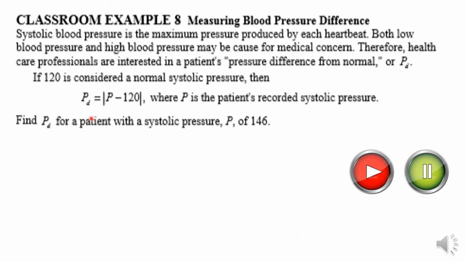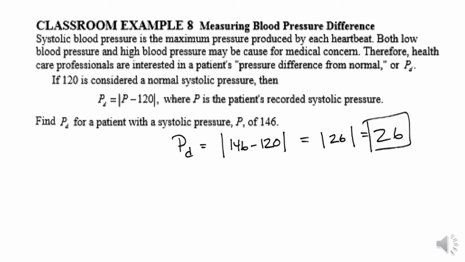Sometimes the absolute value is used in formulas, and here we have P sub D is equal to the pressure measured minus 120, which is the target blood pressure. And so we're supposed to find the P sub D for a patient who has a pressure of 146. And there's the answer that I got.